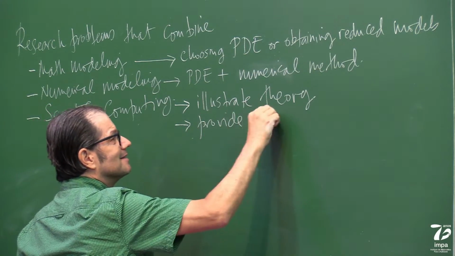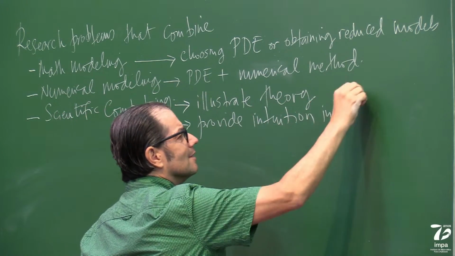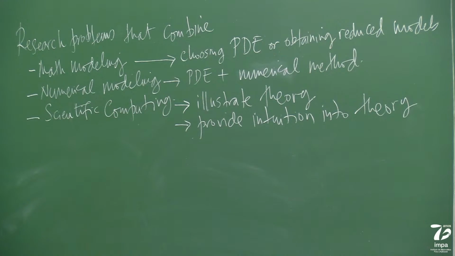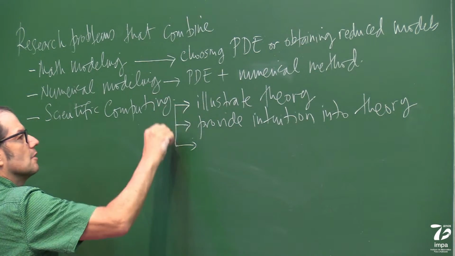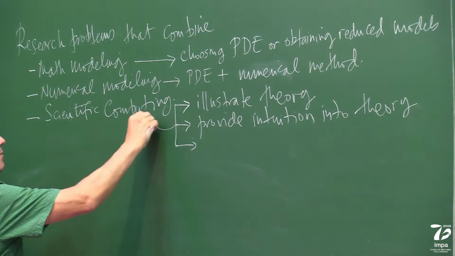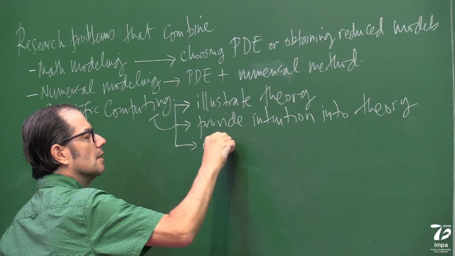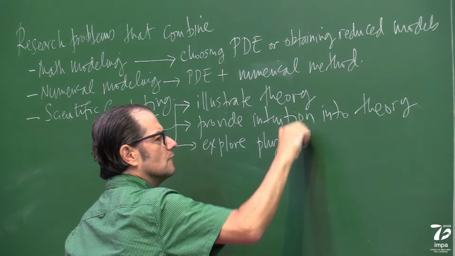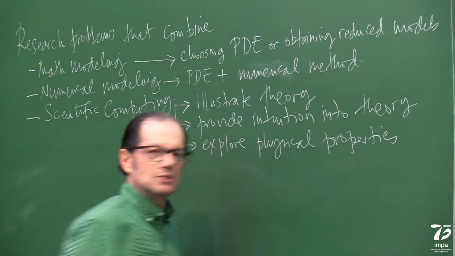So, illustrating the theory. Sometimes this is also to provide intuition into theory. This is many times the aspect of scientific computing. And other times, all related to this, it is also to explore physical properties, say unknown.